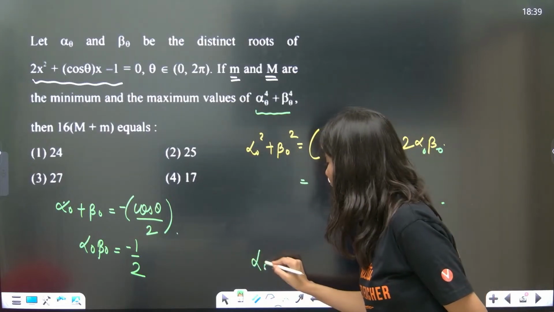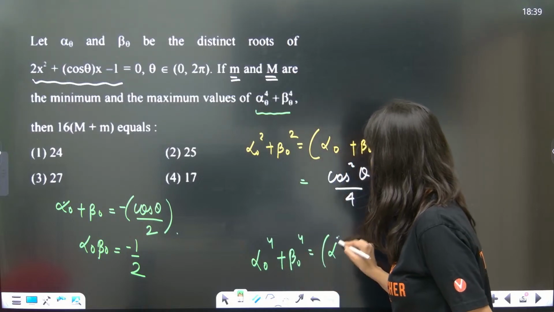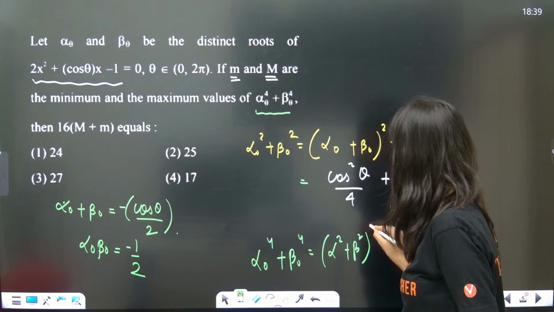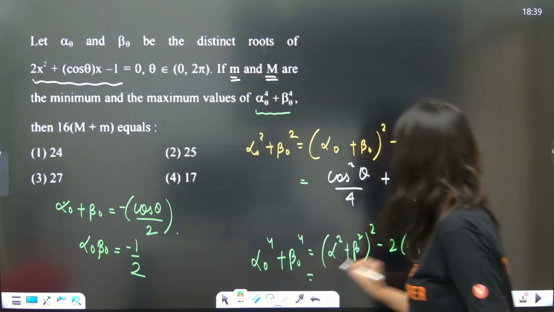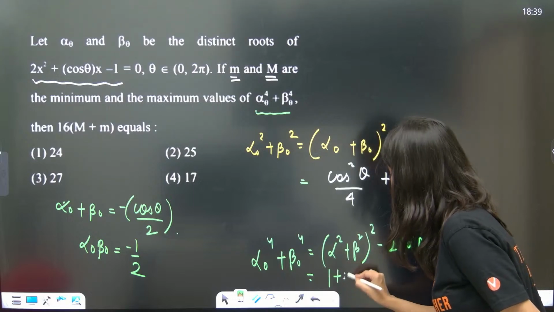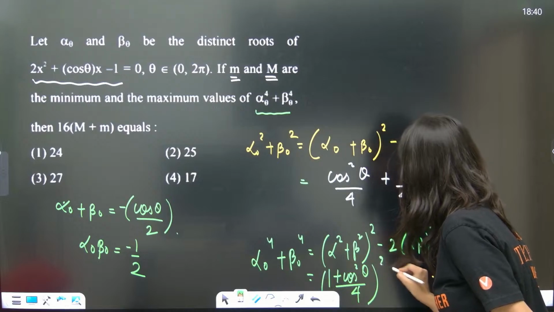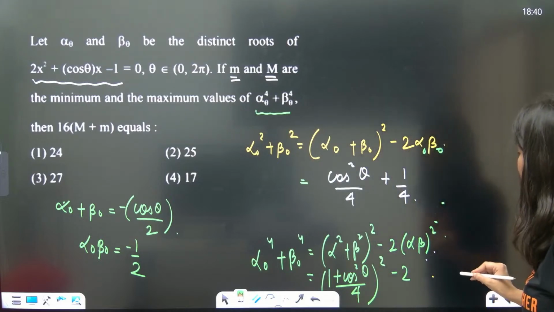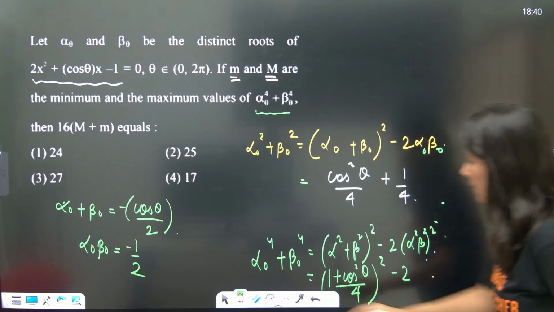Now alpha naught power 4 plus beta naught power 4 will be what? Alpha square plus beta square whole square minus 2 alpha beta whole square. Correct? Now put the value. So this is 1 plus cos square theta by 4 whole square minus 2 alpha beta whole square, alpha square beta square whole square.